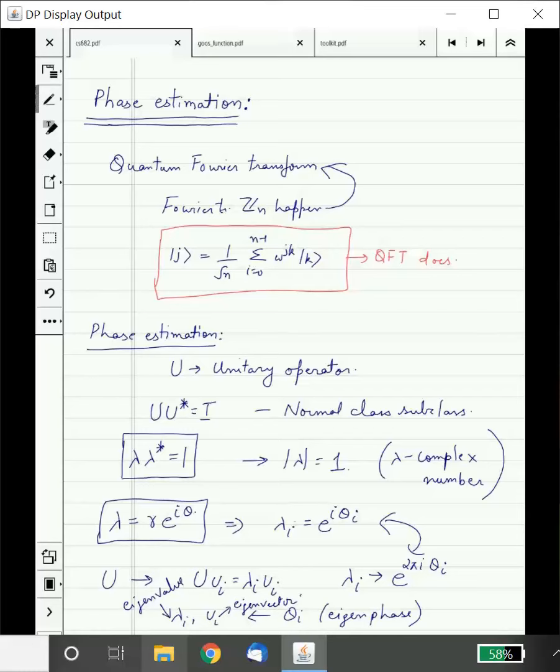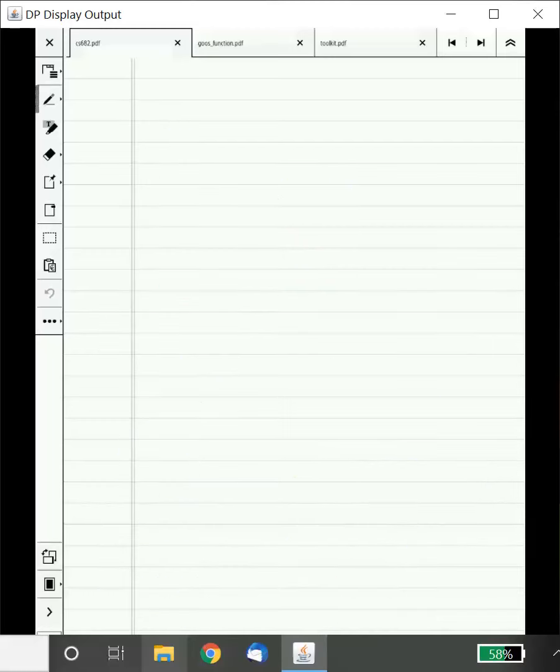We will be worried about the eigenphase, and this is how eigenvalues and eigenphases are related. There is a one-to-one correspondence between them. After this introduction, we can talk about the problem of phase estimation.